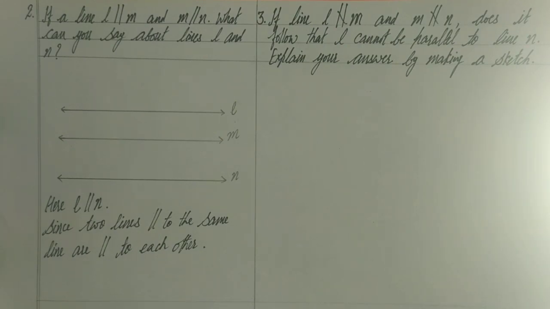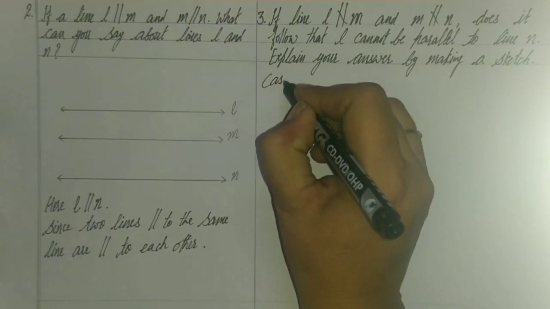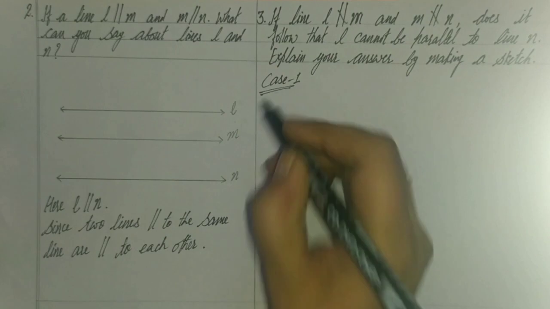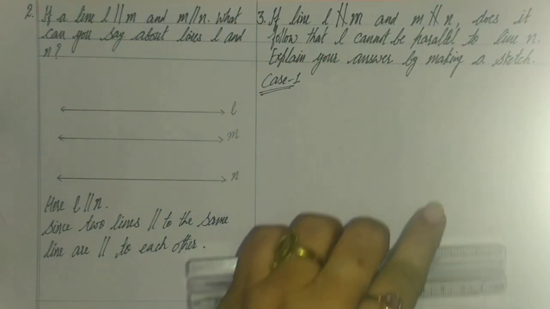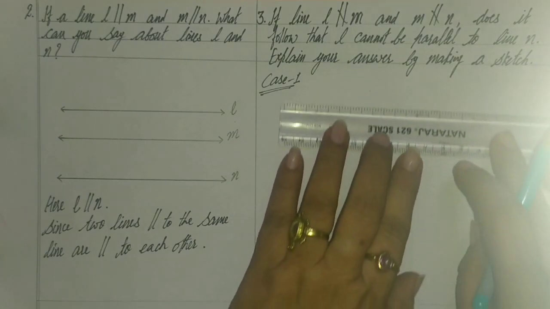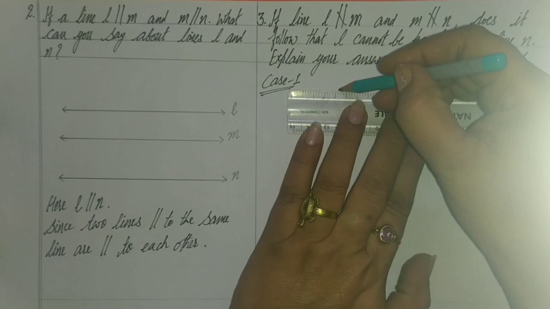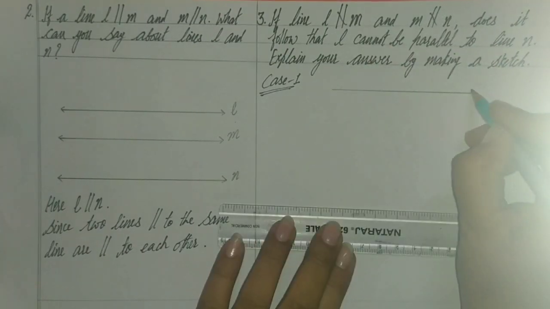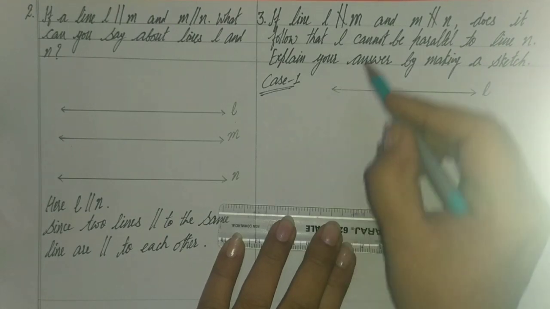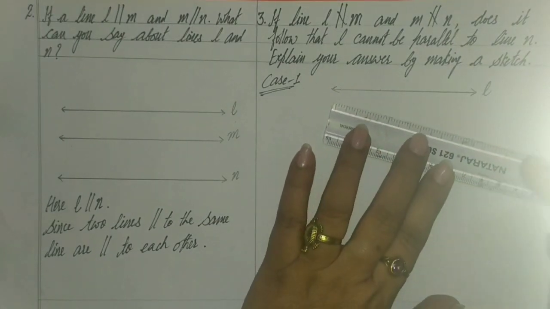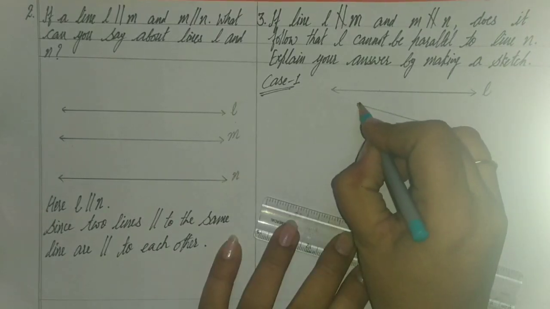Case 1. For this, let's make a sketch. Here it's given that L is not parallel to M. So draw a line, label it L. Since M is not parallel to this, we can draw this M line in this way.